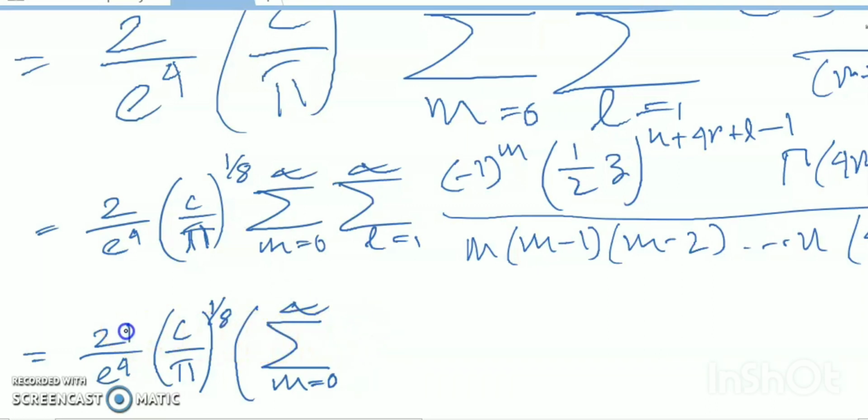Pi is not multiplied in here, I will not multiply pi in this portion. Just putting the value l equals 1 to 4 in the given equation.